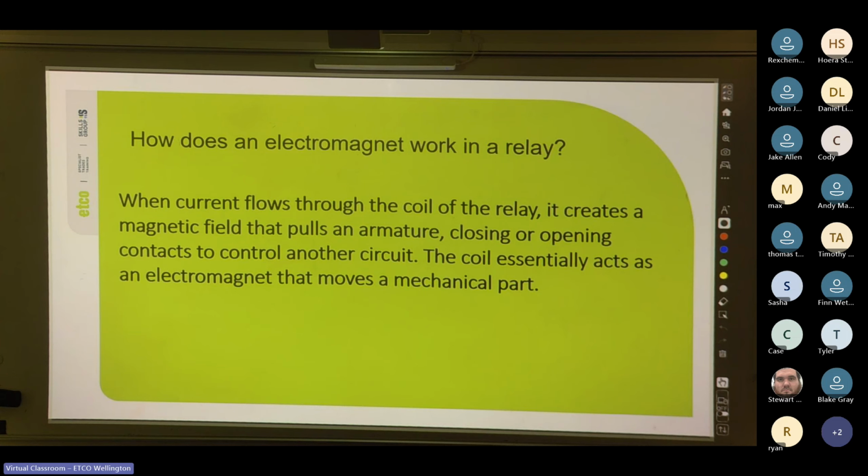So it doesn't so much switch as it closes a contact or opens a contact. It is still a switch, but your relay is more designed for your low current draw, so your lighting circuits or controlling low current machinery. Your contactor is more for your motors, your big grunty circuits.